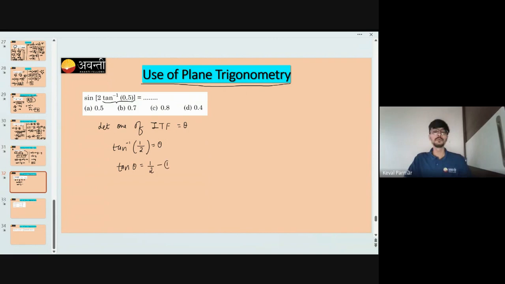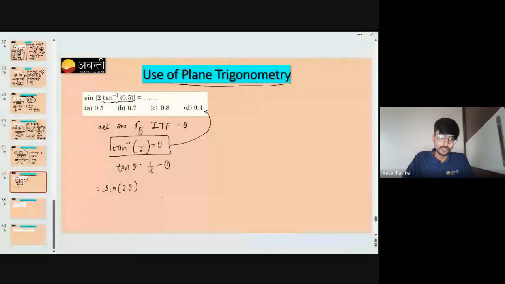Let me put this equation as 1 and substitute this value in the question. If I substitute this value, what will I get? I will get sine 2 theta.